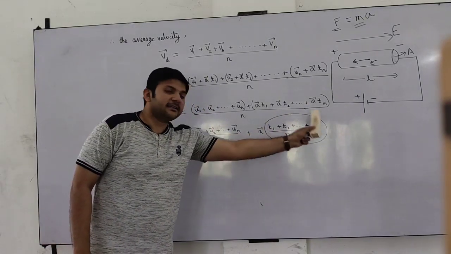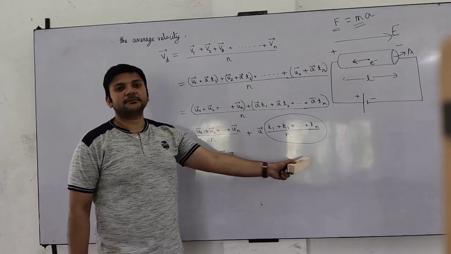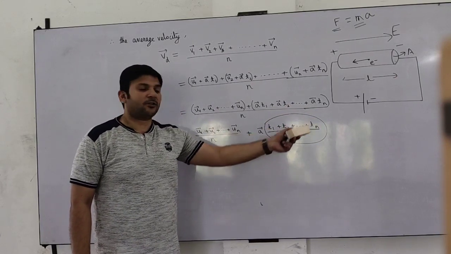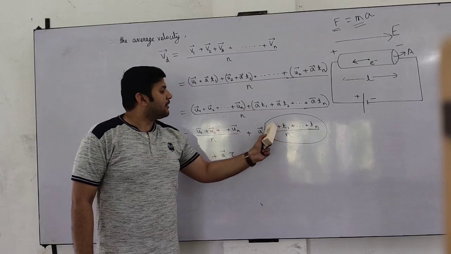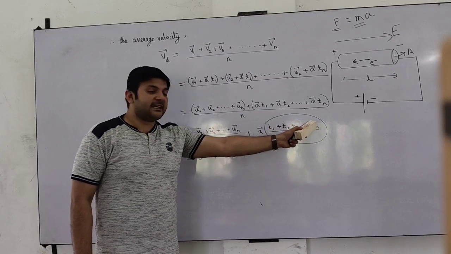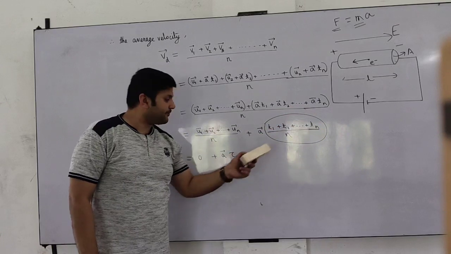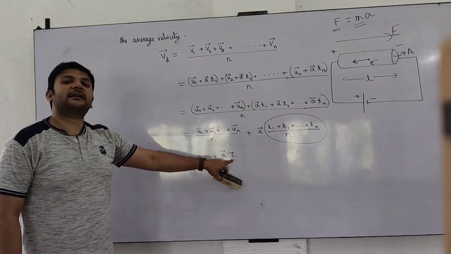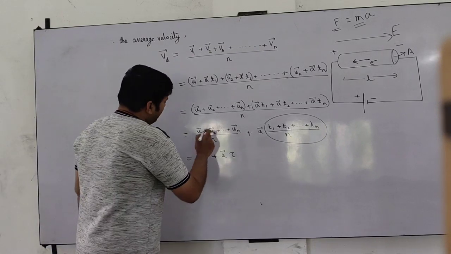What is this? This is the average time, because t1 plus t2 plus tn divided by n is the average time, and I have written it as a single letter tau. And why is it here?